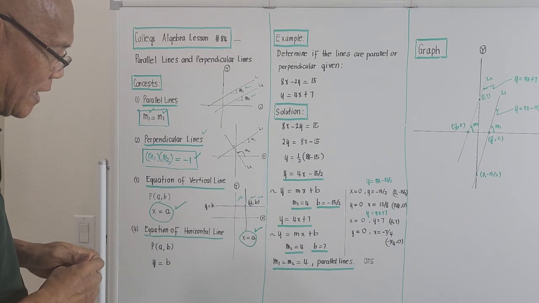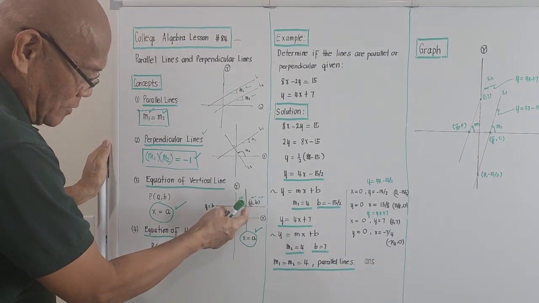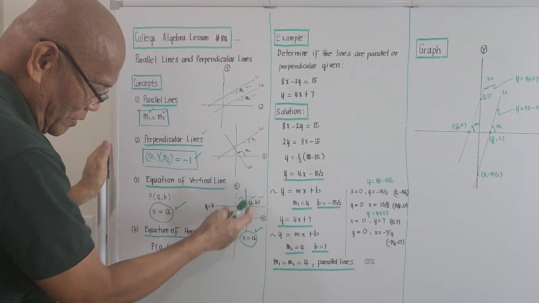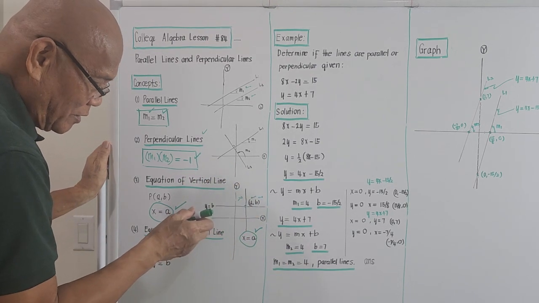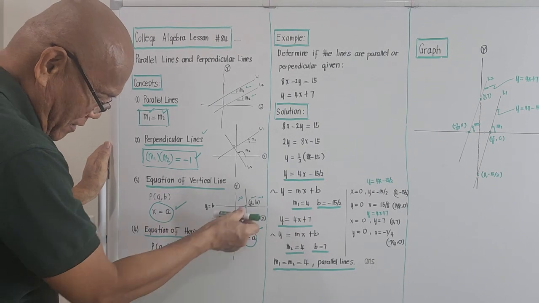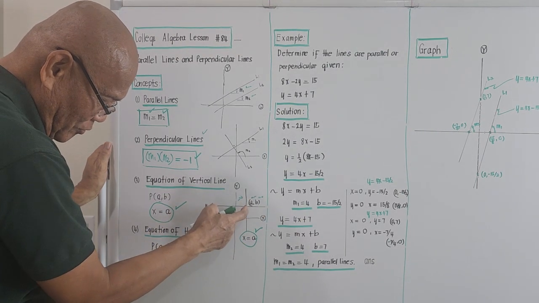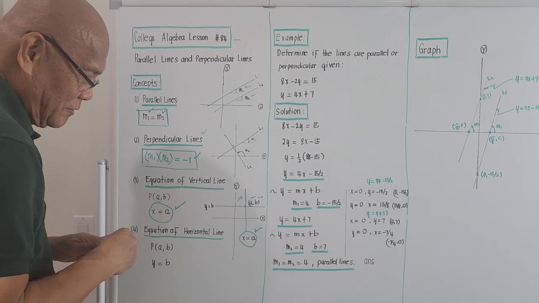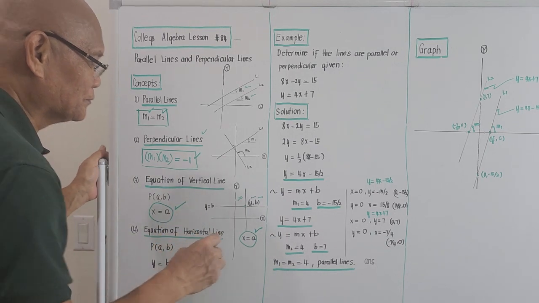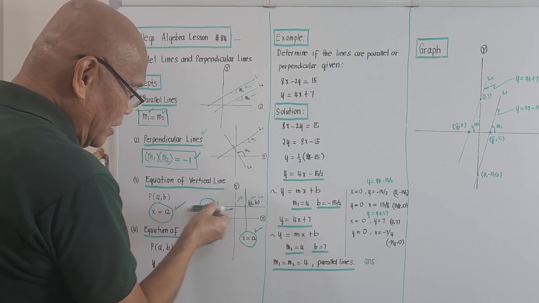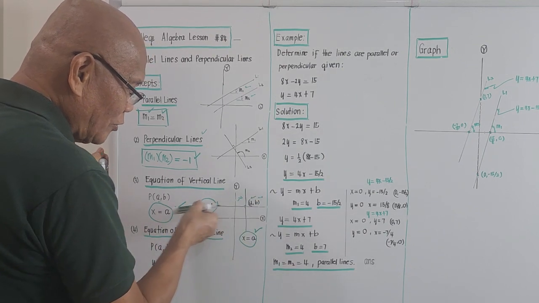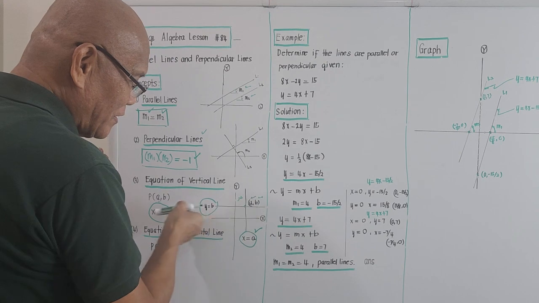For a horizontal line passing through point P with coordinates A and B, if they are asking for the equation of this horizontal line passing through the points A and B, the equation will be y is equal to b. A horizontal line is actually an ordinate, right?